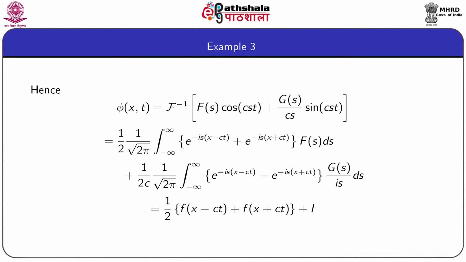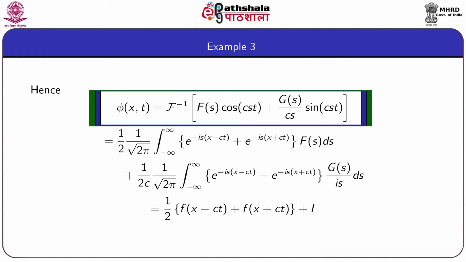Hence, small phi(x,t), which is the solution of the wave equation, can be obtained after taking the Fourier inversion of capital phi(s,t). That is, we can write small phi(x,t) as the Fourier inversion of capital F(s) cos cst plus capital G(s) by cs into sin cst.